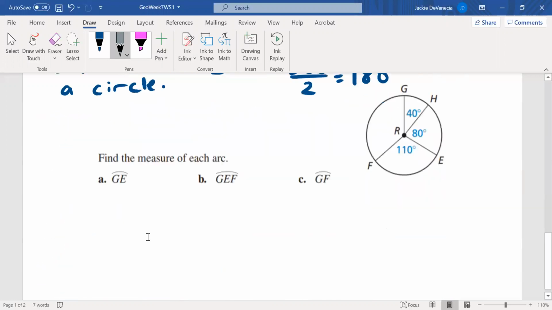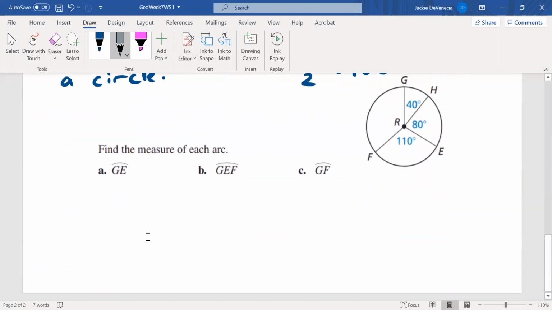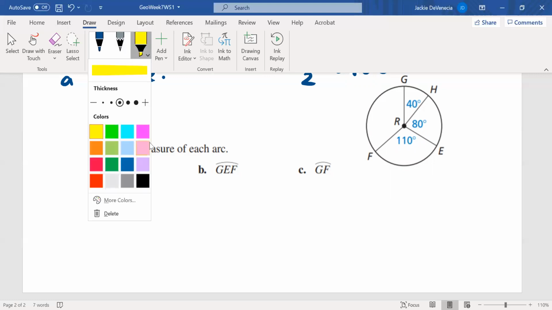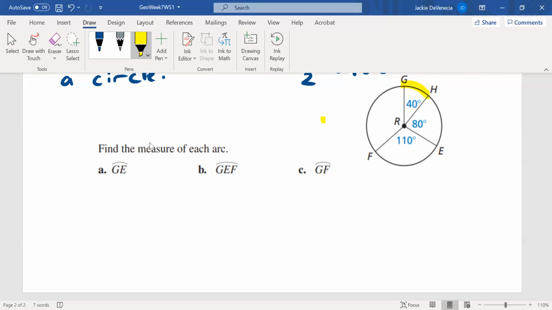So let's look at an example of this. Let's look at this diagram. We have to find the measure of each arc, and we're using this circle right over here. Let's see. We have to find the measure of GE. If we're trying to find the measure of GE, you're going from here to there.